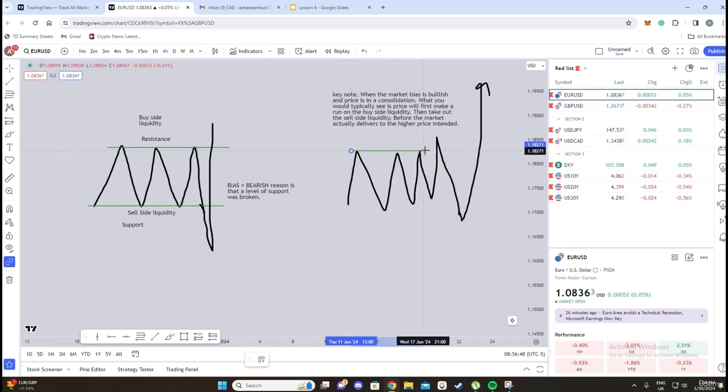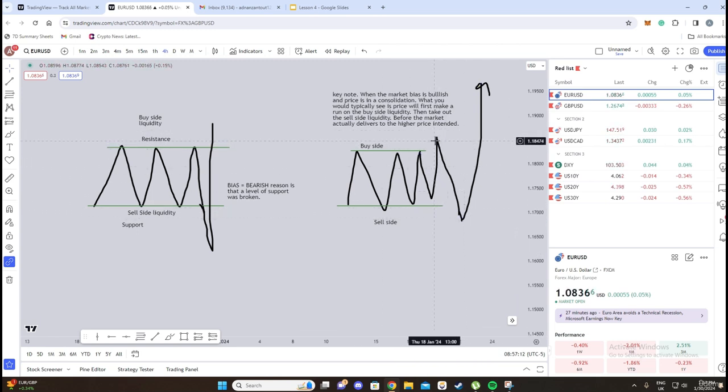So first, market. Let's just make it so you can understand better. Buy side is over here. And here is our sell side. Goes, takes out buy side, gets them trapped long, delivers price lower.